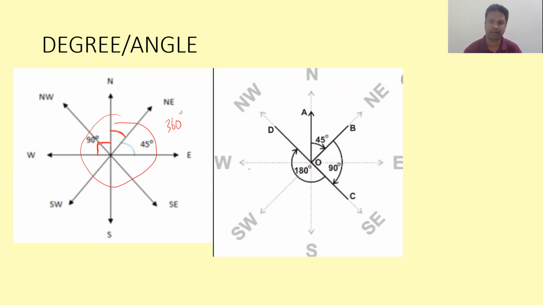So generally in direction sense, the degree will be given in multiples of 45. You will get answers based on 45 degrees, 90 degrees, 135 degrees, 180 degrees. So it will be in multiples of 45.